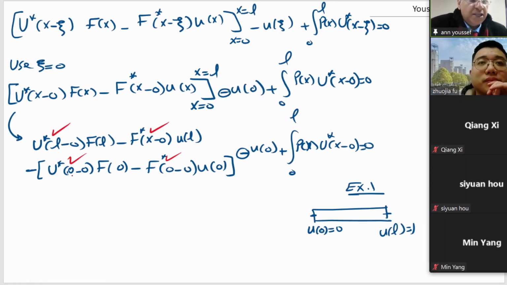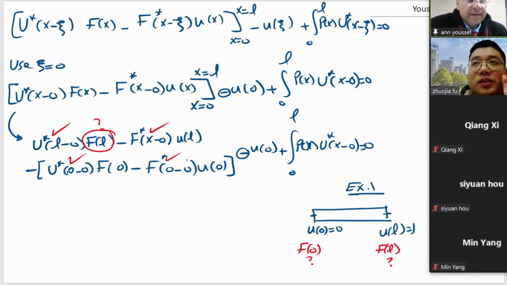When we have 0 minus 0, we can get them in the limit sense, as xi moves towards x, you'll get something positive or negative. Is f of L known or not? No, f of L is not known. And f of 0 is not known also. So this one is unknown.